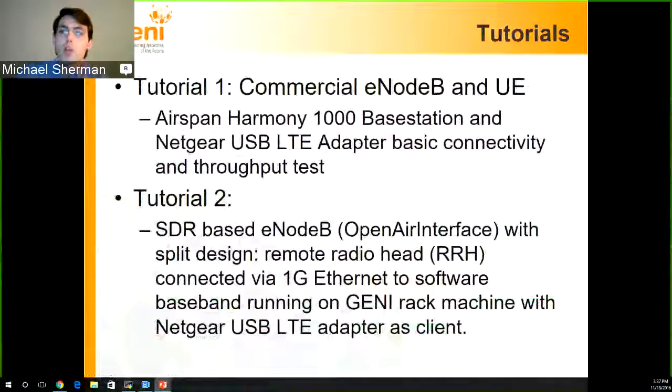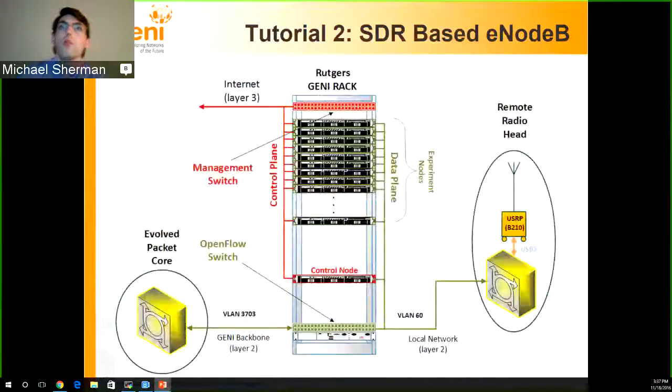So for tutorial 2, we're running an OpenAirInterface based base station with a split setup. So the remote radio head is running in the Orbit grid, and it's connected via Ethernet and our layer 2 network to the baseband unit, which is running in the GENI rack and is provisioned via an RSpec that's available in that tutorial.